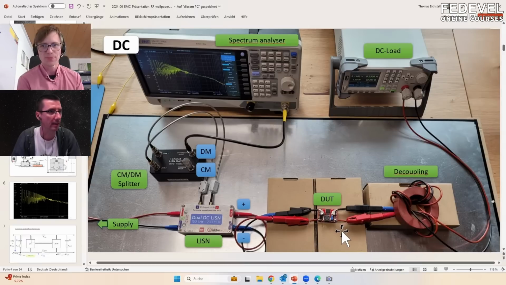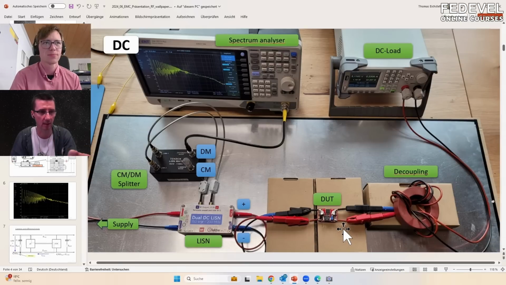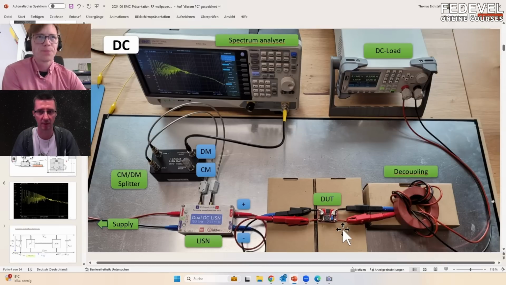Okay. So then there is the DC load, so we can simulate the load of the power supply, and then we need a spectrum analyzer. Do we need some kind of special spectrum analyzer, or what is important for the spectrum analyzer to do this kind of measurement? Important is that you're not missing signals. The most common mistake people make when measuring is that they have a certain number of points in a frequency range.